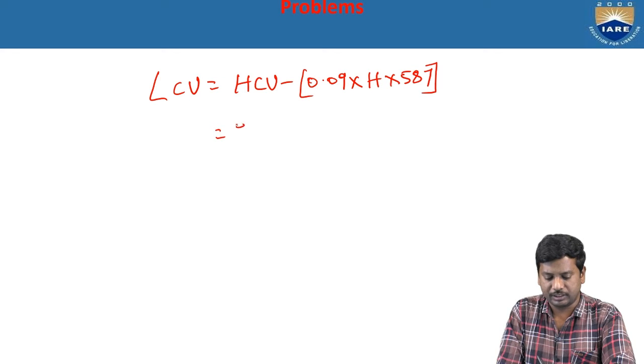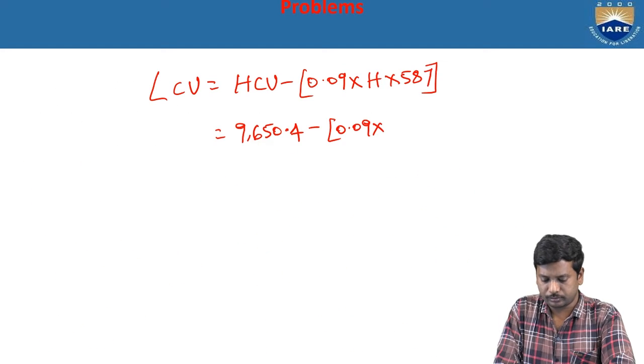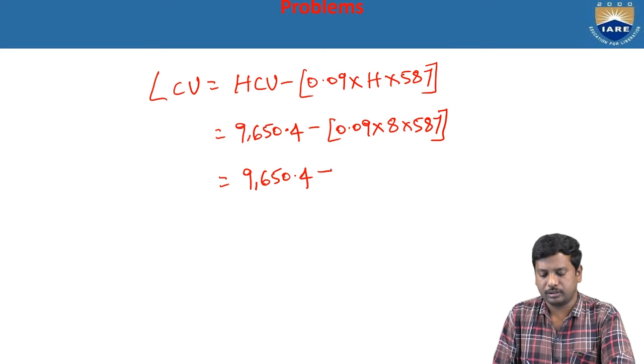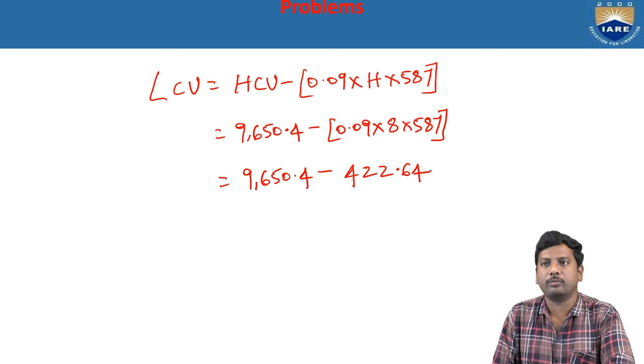And what is the value of HCV? 9,650.4 minus 0.09 into hydrogen. What is the value of hydrogen? 8%. 8 into 587. So 9,650.4 minus the value of these three multiplied values, 0.09 into 8 into 587, which we get as nearly 422.64.